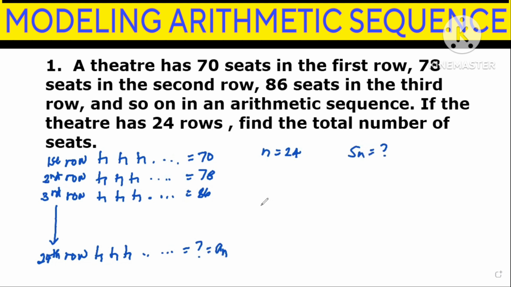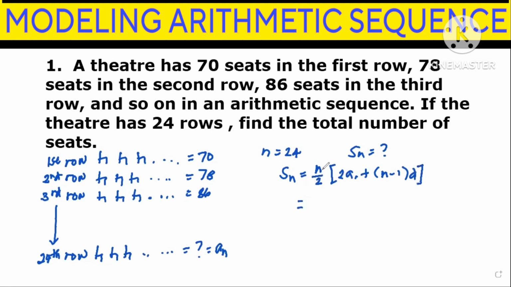Okay? Now, since the last term is not given, we use the second formula, which is S sub n is equal to n over 2 multiplied by 2a sub 1 plus n minus 1 times d.